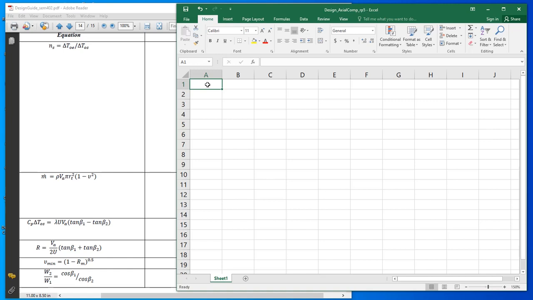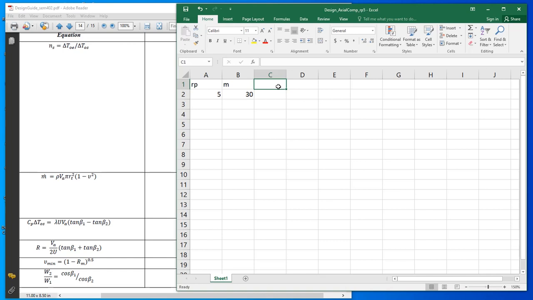Our design specifications are the pressure ratio, which is 5, and the mass flow rate, which is 30 kg per second. Please go back to your notes.